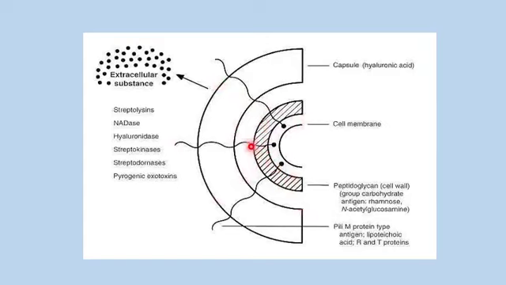Next comes the peptidoglycan cell wall, which contains the C carbohydrate antigen, according to which we divided the streptococci in general into the different Lancefield groups, and here Streptococcus pyogenes is group A. Finally, the capsule, which is made of hyaluronic acid. This organism can produce extracellular substances including streptolysins, NADase, hyaluronidase, streptokinase, streptodornase, and the pyrogenic exotoxin, which is the superantigen we explained a while ago.